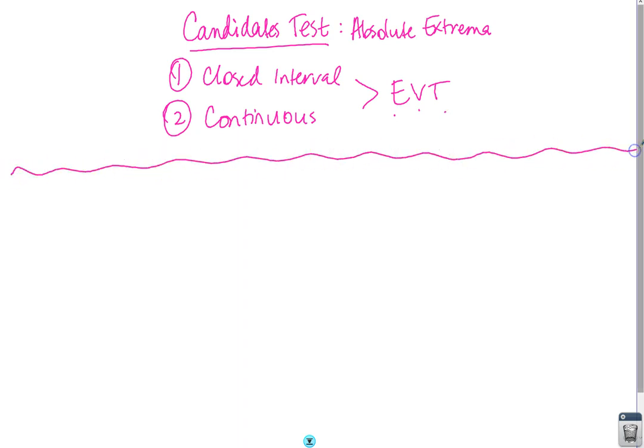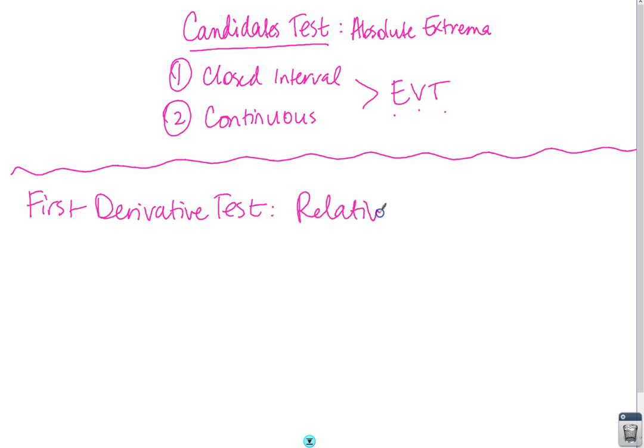Another test that we had was the first derivative test. This was to determine relative extrema. Some of these could be absolute extrema as well, but the test itself only determines the relativity of their extremeness. You have to do the candidates test to determine absolute.